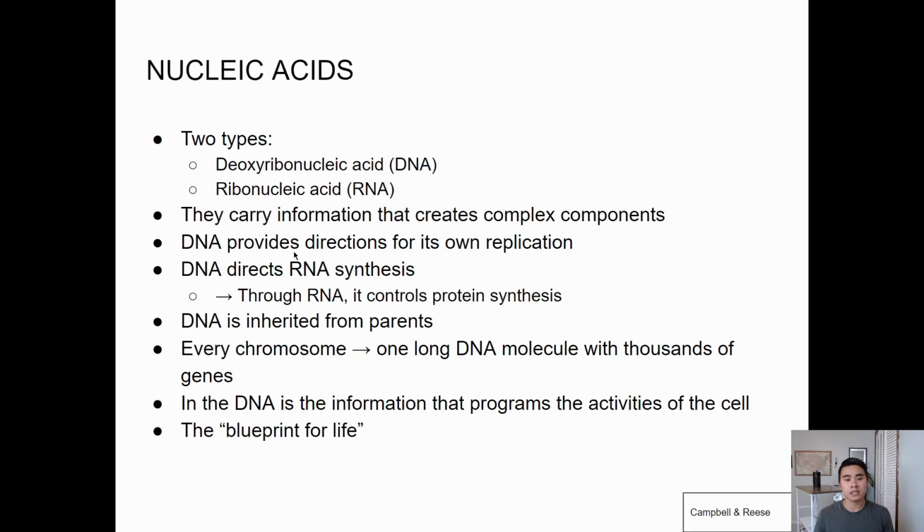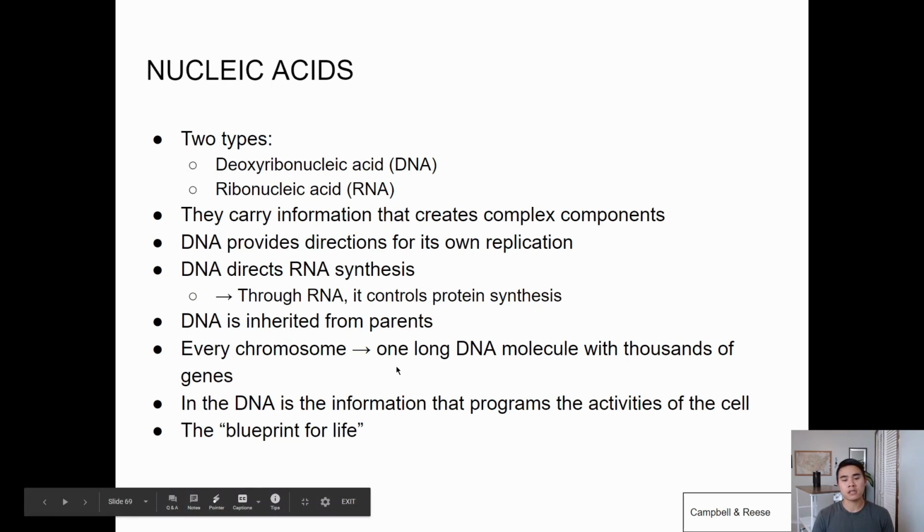DNA provides directions for its own replication, so it makes itself. If you think about everything coming from DNA, what does DNA come from? It comes from itself. So it makes its own replication. And DNA directs RNA synthesis, so DNA to RNA.